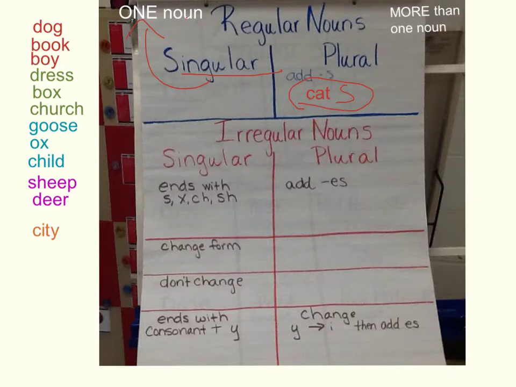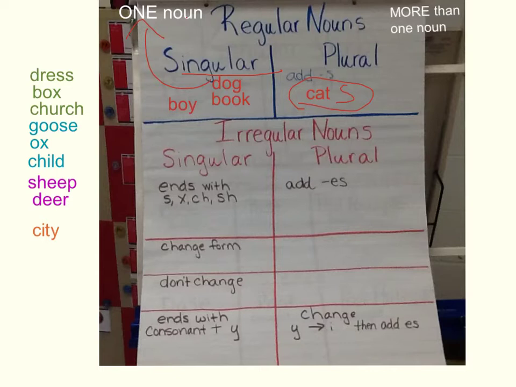Let's look at some examples of this. For example, dog, singular, one noun. Book, singular, one noun. Boy, singular, one noun. So how can we make those singular nouns plural?